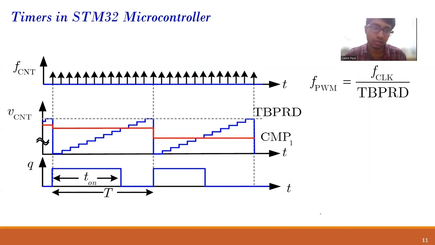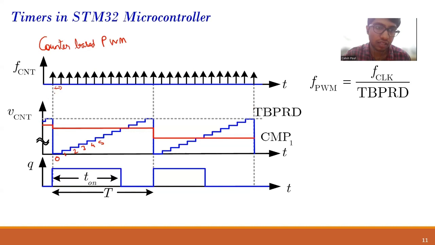Okay. If you remember, we studied counter based PWM signal. How will we generate a counter based PWM signal? This is my counter. It is initially 0, 1, 2, 3, 4, 5, etc., and it is being incremented.